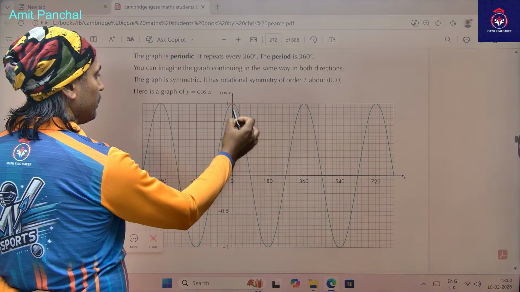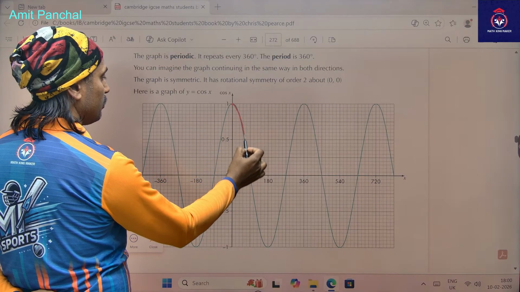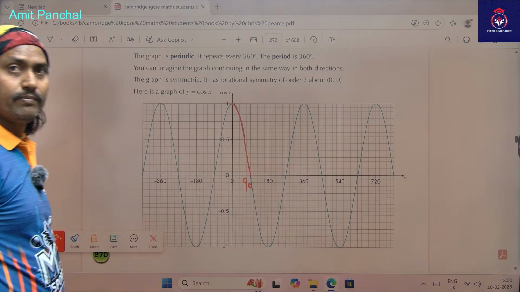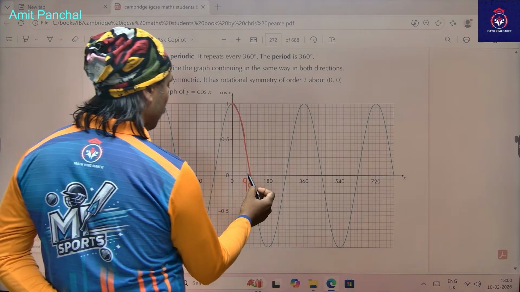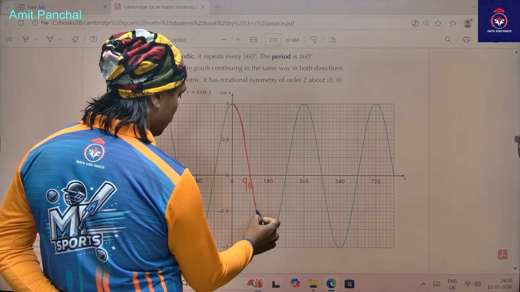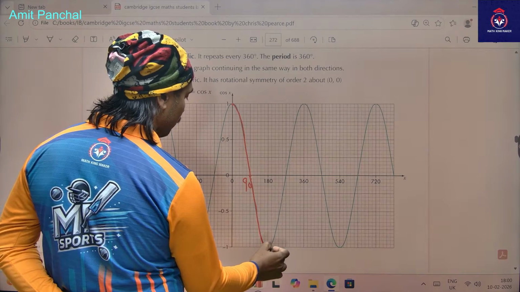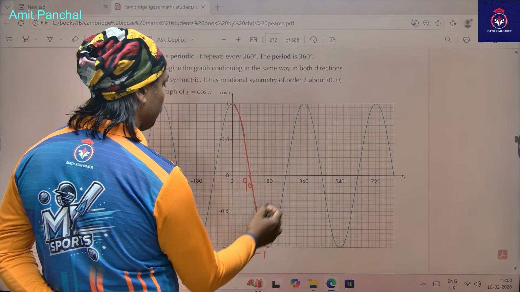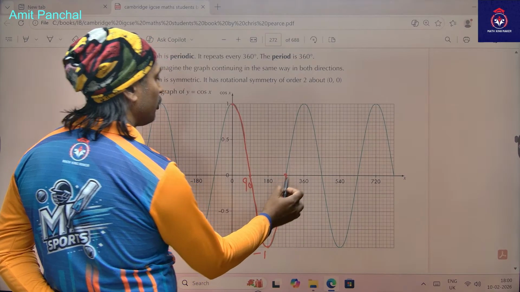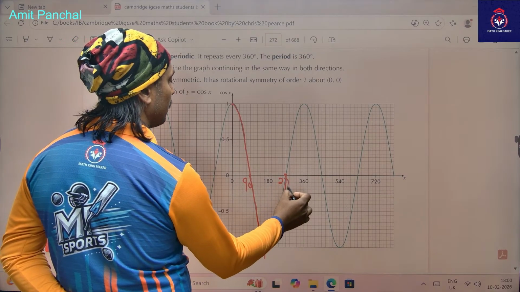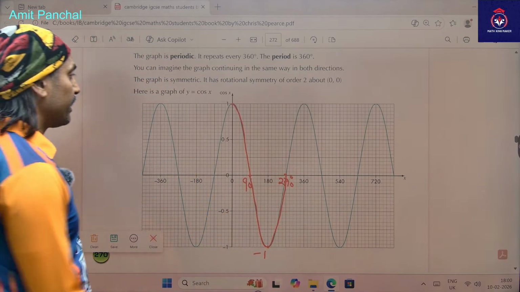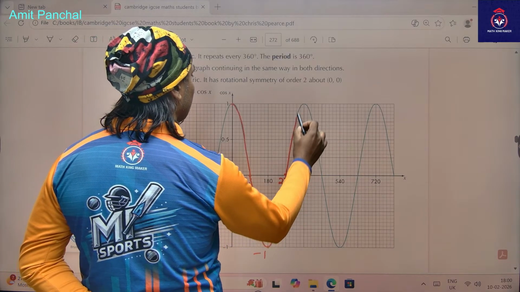From 0 to 90 degrees it is going down, at 90 it becomes 0, and from 90 to 180 it becomes -1. Then it goes up again, at 270 it attains 0 again, and at 360 it is back to 1.